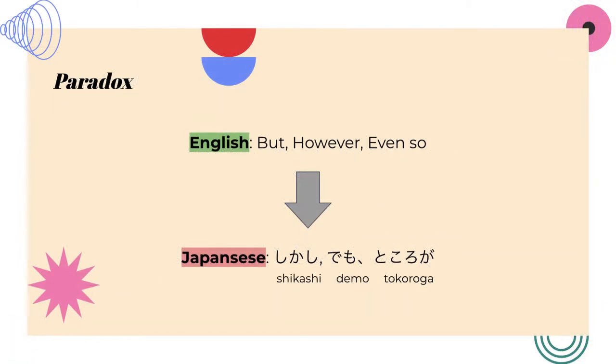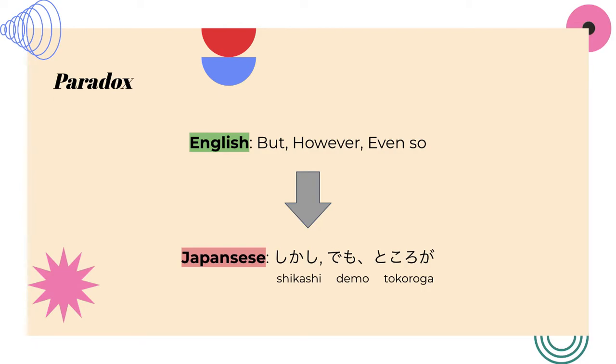Okay, after we learned about proximate cause, we are moving into paradox. Paradox in English would be but, however, or even so.